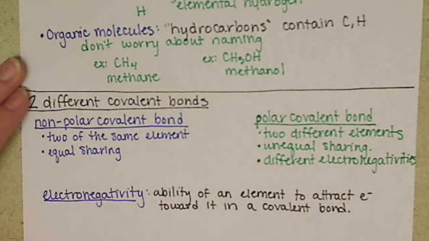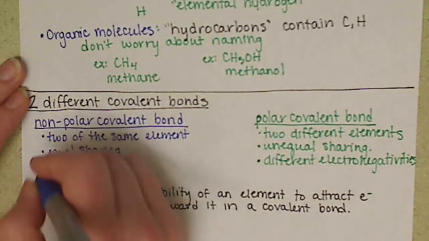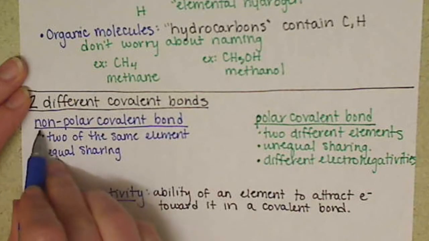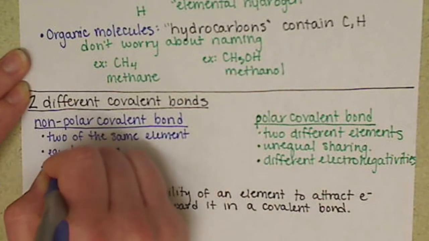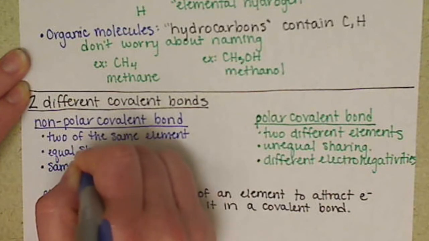So you're going to have one atom that is stronger than the other one. It's going to be able to pull electrons more. And then over for our nonpolar covalent bond, these are going to have the same electronegativities.